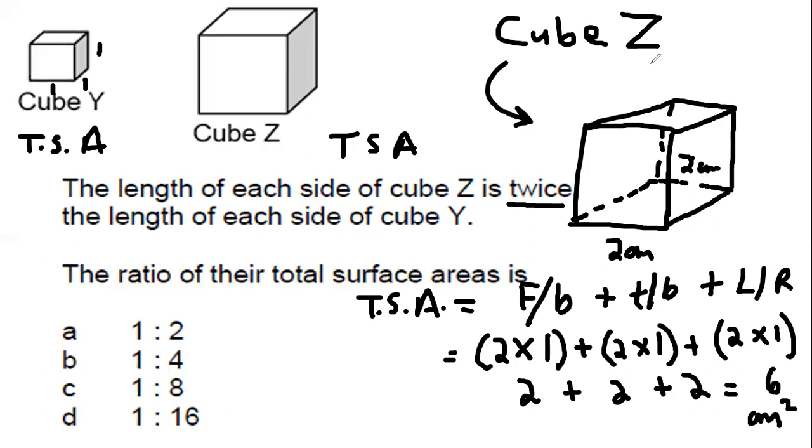It will be 4. Because 2 times 2 gives us 4, which is the area of one face of the cube. So therefore, we can use the same structure down here. What I'm going to do is replace the 1 with 2.